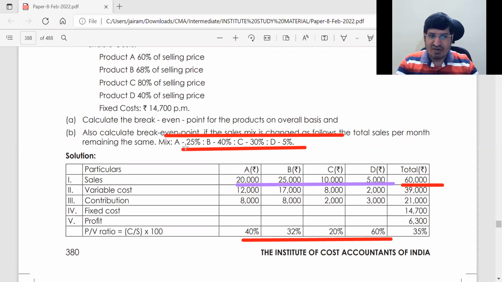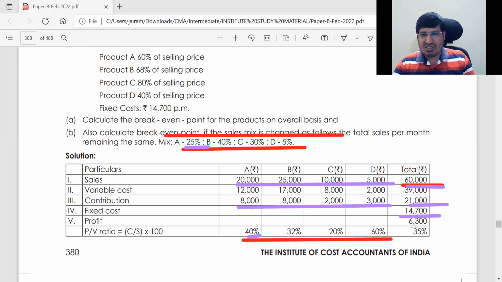For example, 25% of 60,000 is 15,000, so the first one will be 15,000. Second, 40% of 60,000 is 24,000, like that. Then multiply sales by PV ratio and you will get contribution directly. Add the contribution, and you already have the fixed cost, so you will get profit.